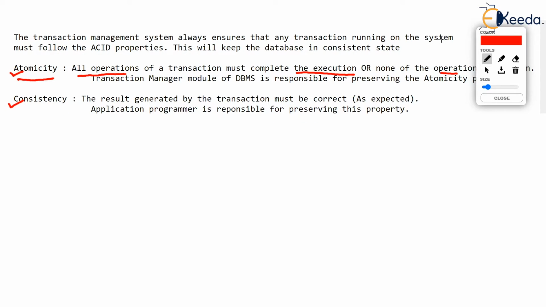I'm not writing the entire transaction, but T1 is a transaction which transfers 10,000 rupees from account A to account B. Now just imagine that this transaction starts executing and it reduces the balance of A by 10,000, obviously, because A is transferring money to B. So it does A = A - 10,000, after reading the value of A, of course.